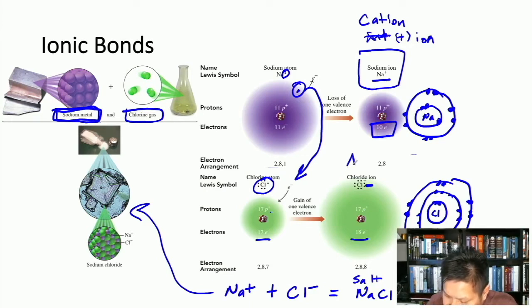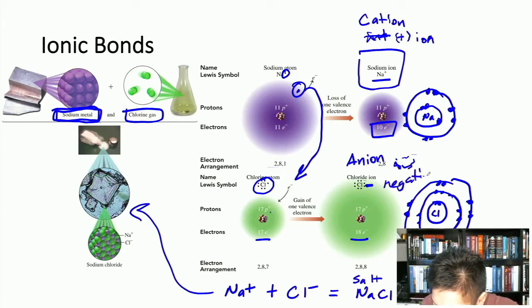So we call this the anion, or the negatively charged ion, right?